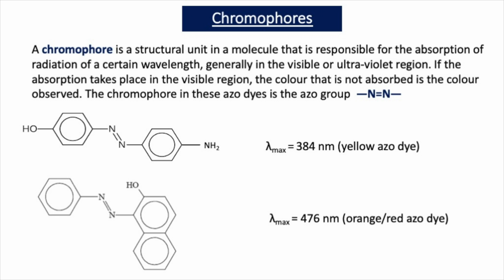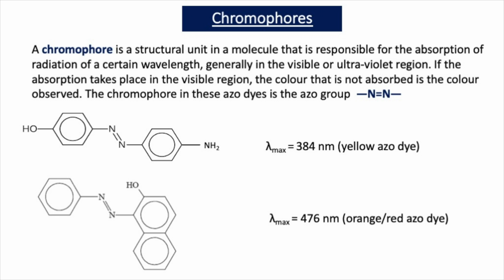Now the chromophore in these azo dyes shown here is the azo group, which is a single bond to a nitrogen, a double bond between the two nitrogens, and then a single bond. Now this group is often referred to as being conjugated. A conjugated system of electrons is what exists when you have a single, double, single bond. Now conjugated systems of electrons make good chromophores.